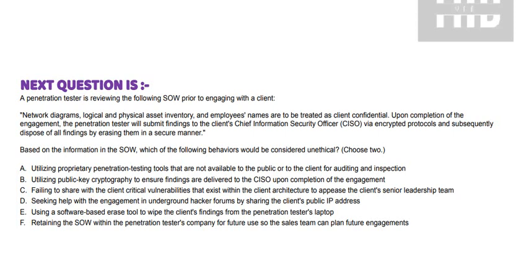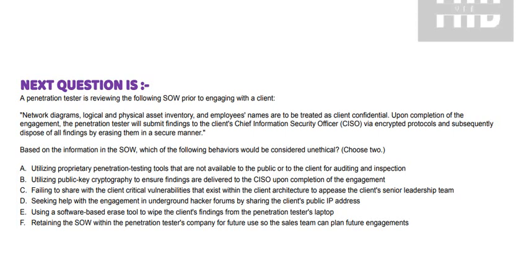Option C. Failing to share with the client critical vulnerabilities that exist within the client architecture to appease the client's senior leadership team. Option D. Seeking help with the engagement in underground hacker forums by sharing the client's public IP address.